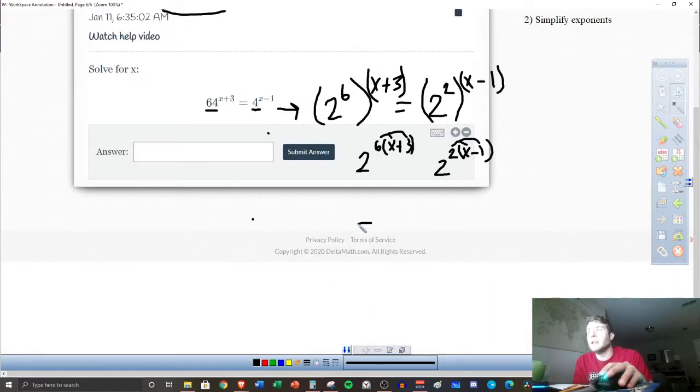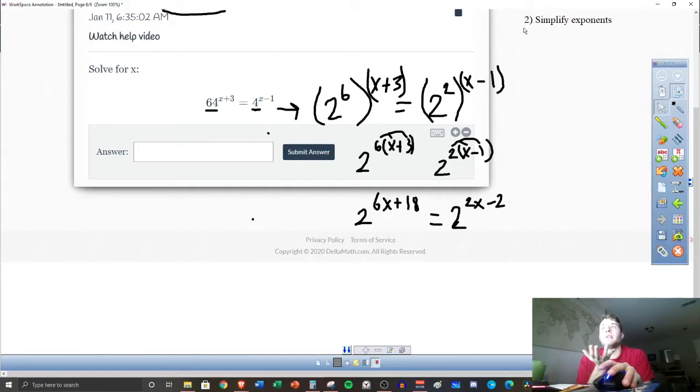So we're going to write this again. 2 to the 6x plus 18 equals 2 to the 2x minus 2. Okay, there's our step 2 here, the simplifying the exponents.